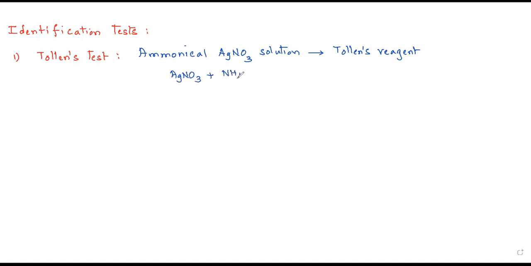Silver nitrate along with ammonium hydroxide. Or this can be shown as [Ag(NH3)2]OH in the form of a complex called diamminesilver(I) hydroxide. Right. Now this is Tollens reagent.